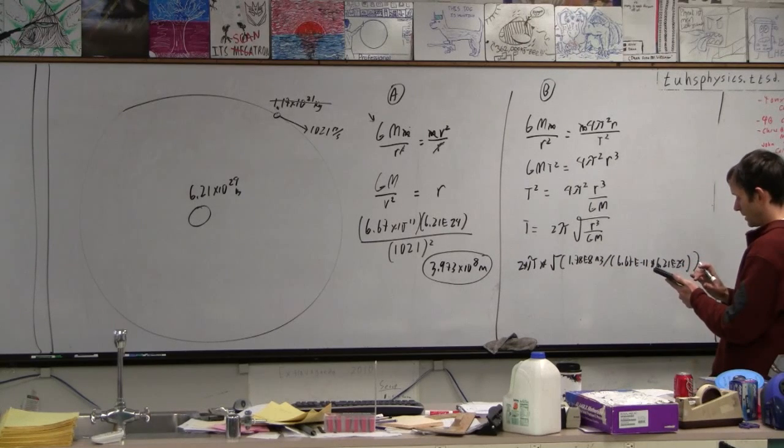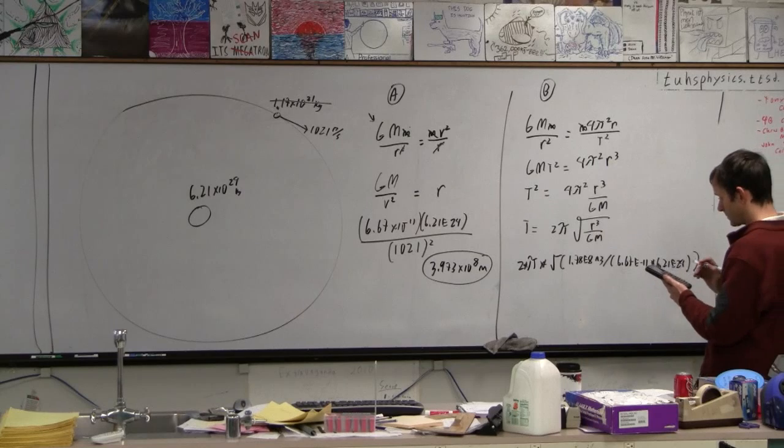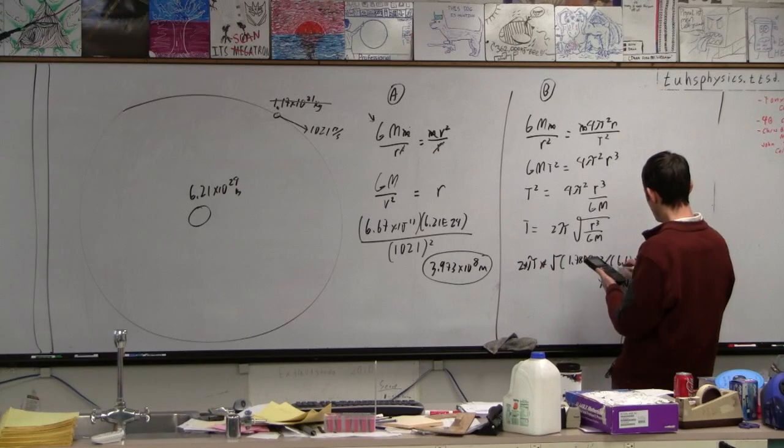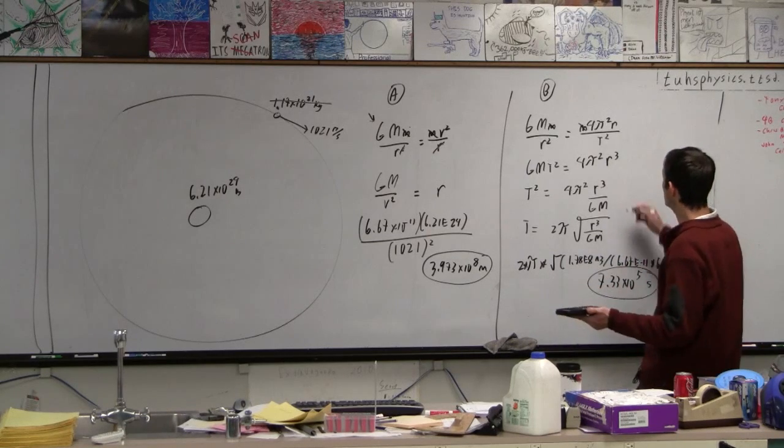Divided by 6.67 E minus 11 times 6.21. And I get that it's 7.33 times 10 to the 5th seconds, which is what we got.